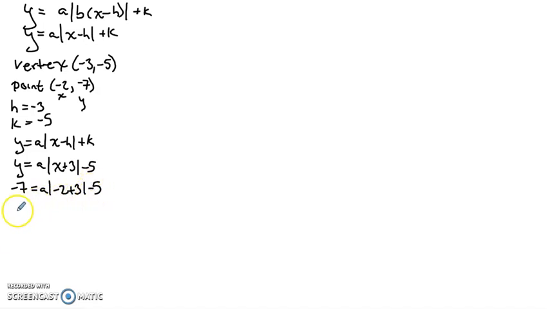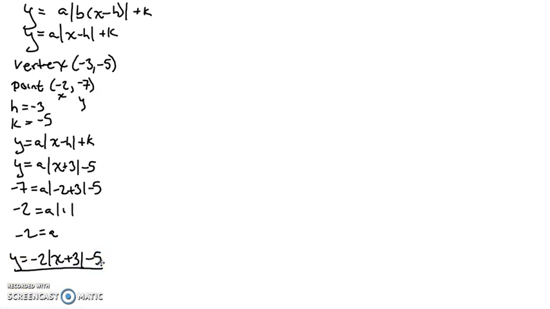So if we add 5 to both sides, we'll get -2 equals a times the absolute value of -2 plus 3, which is 1. So -2 equals a. And now we are ready to write the rule. y equals -2 times the absolute value of x minus -3, so it turns into x plus 3, minus 5. And there's our rule for this function.